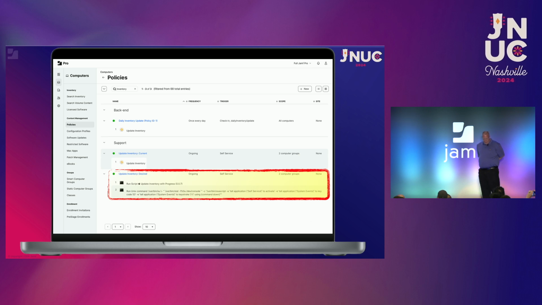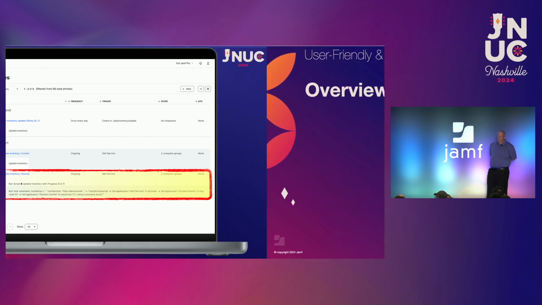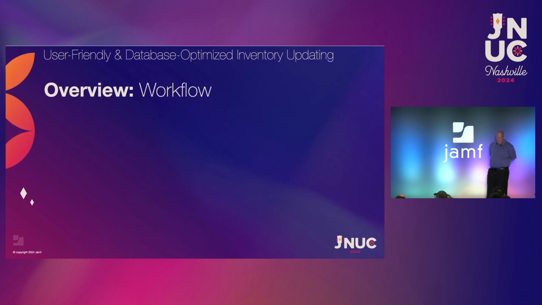The update inventory desired policy also includes the files and processes payload with an execute command to simulate the logged-in user pressing the escape key and then refreshing service via Command R. To pull this off, you're going to have to first deploy a privacy preferences policy configuration profile. And there's a detail on my blog post.